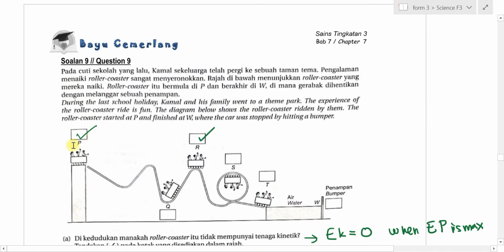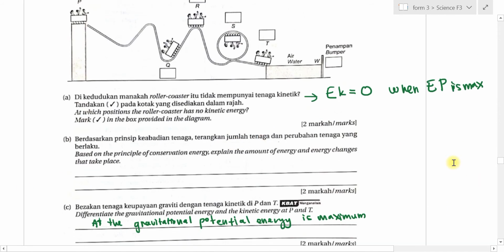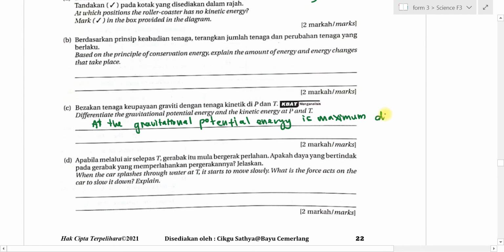It's maximum due to its maximum height. We explain it also. Due to its maximum height at P.